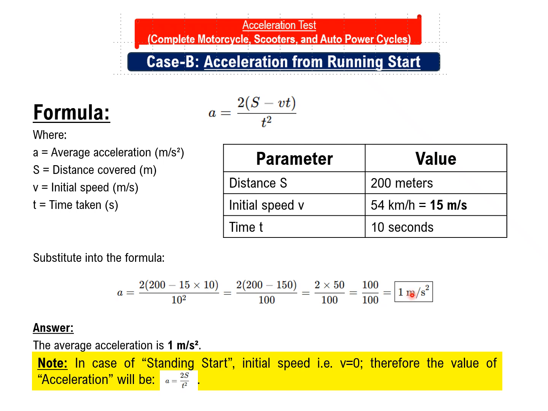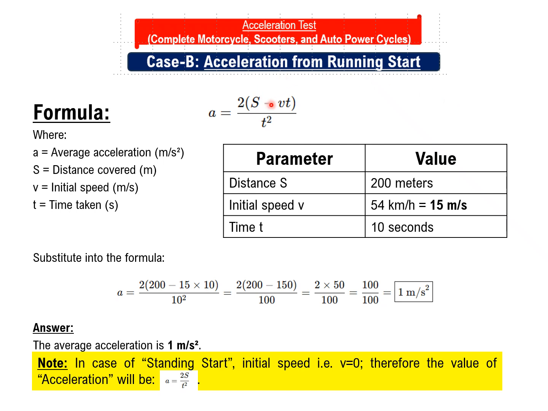Now, if you remember that in case A, that is the acceleration from the standing start, the formula used was a = 2s divided by t square. That formula was derived because in that case the value of initial speed is 0.